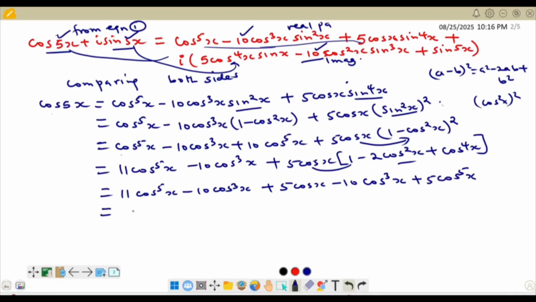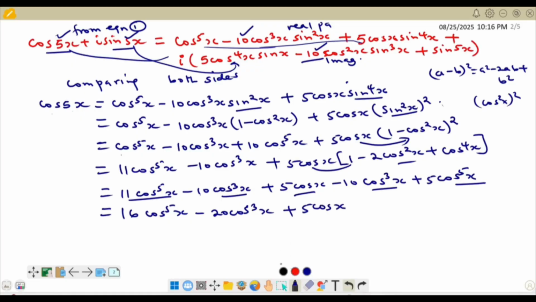So simplifying this further, this is cos to the power 5, this is cos to the power 5, giving us 16 cos to the power 5 of x. This is cos to the power 3, cos to the power 3, minus 10 minus 20 cos to the power 3 of x, then plus this is 5 cos of x.